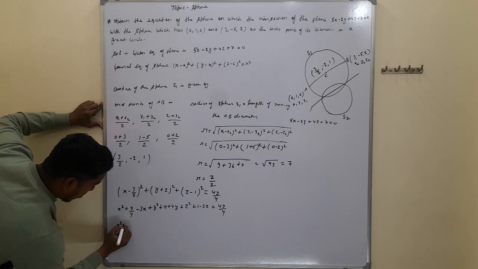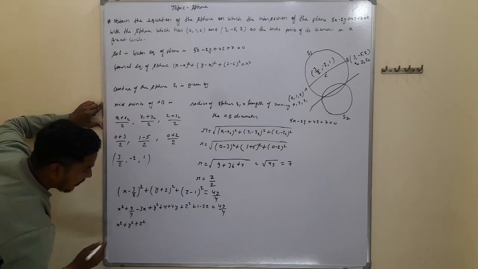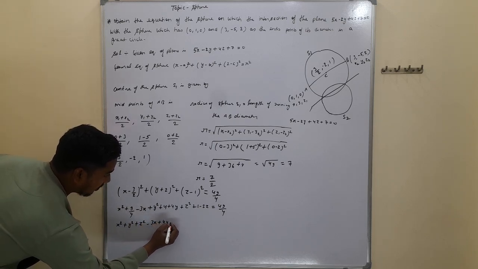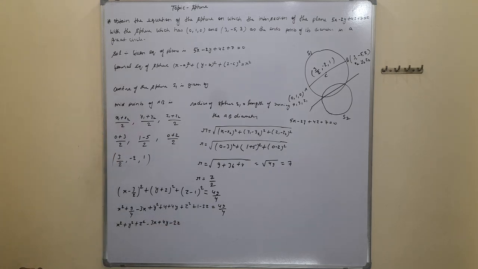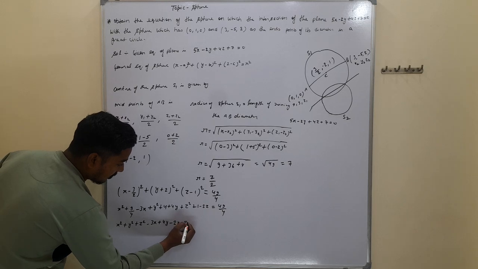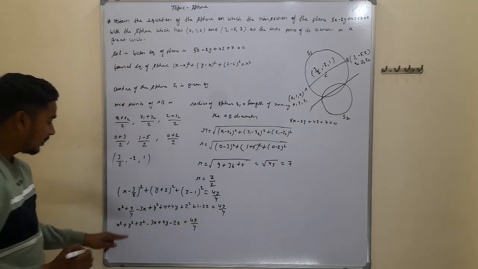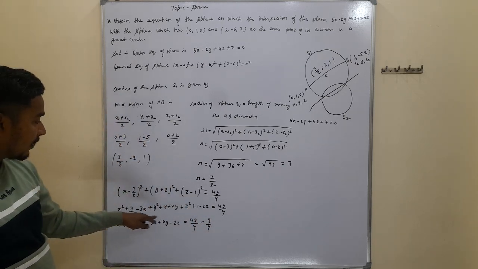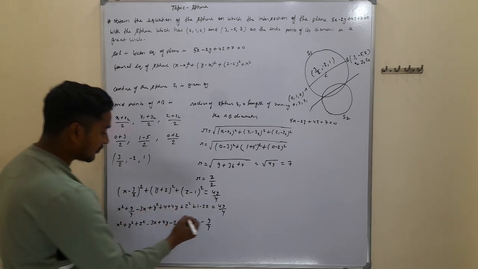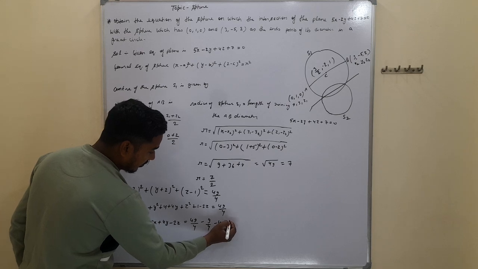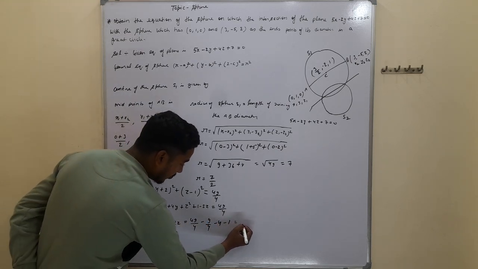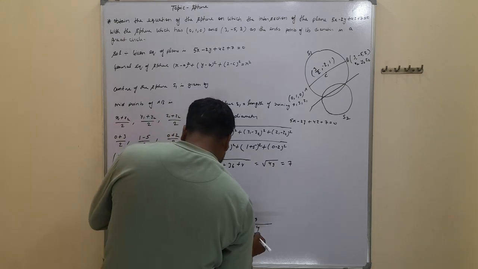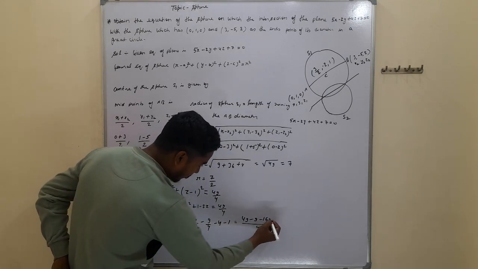This gives x square plus y square plus z square minus 3x plus 4y minus 2z. Taking 9/4, 4 and 1 to the right-hand side and taking LCM 4, this is 49 minus 9 minus 16 minus 4.